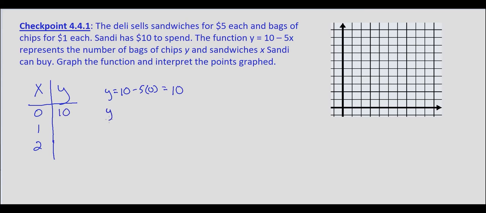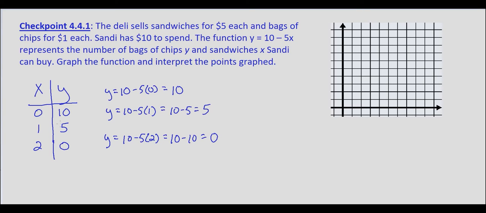When x equals 1, y equals 10 minus 5 times 1, which equals 10 minus 5, which equals 5. And when x equals 2, y equals 10 minus 5 times 2, which equals 10 minus 10, which equals 0.